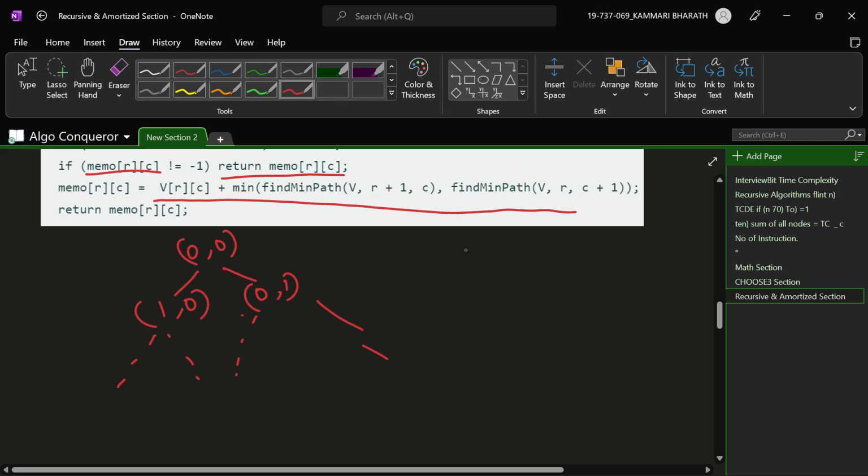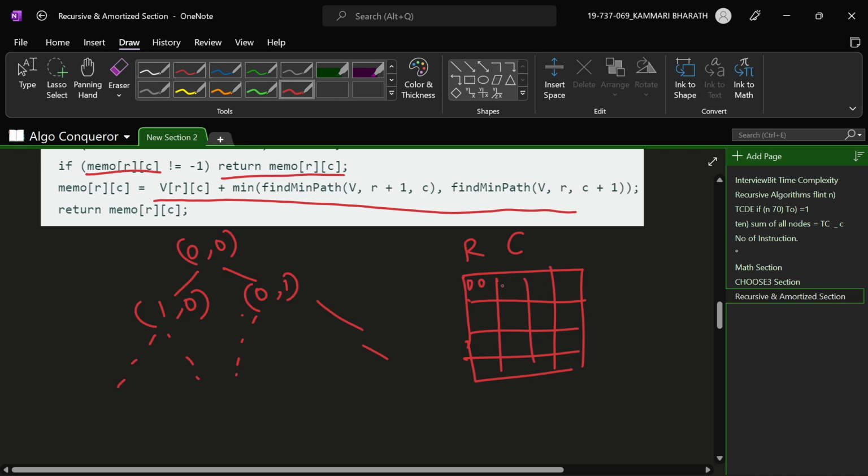So in a matrix of R rows and C columns, this is 0 0, this is 0 1, 0 2, 0 3, 1 0, 2 0, 3 0, and we fill these values.